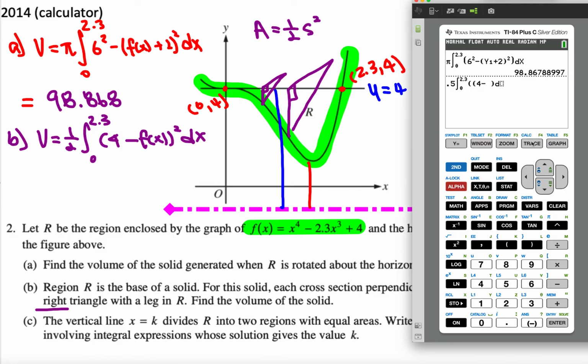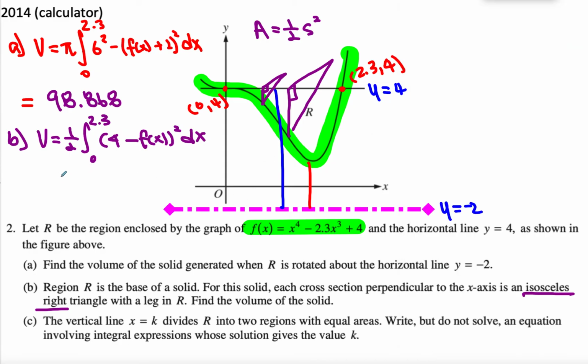So I'm going to go alpha trace, okay, that one, close parentheses, square, and dx. Then you can see that my answer should be 3.574. That becomes my answer. All right.